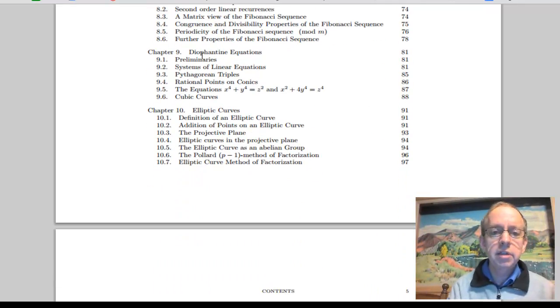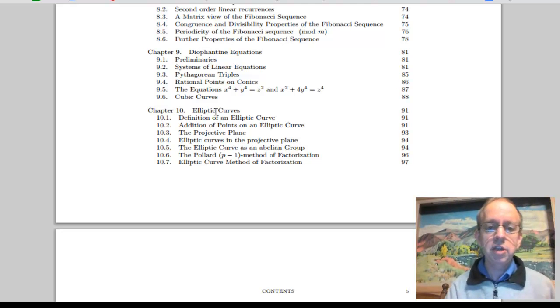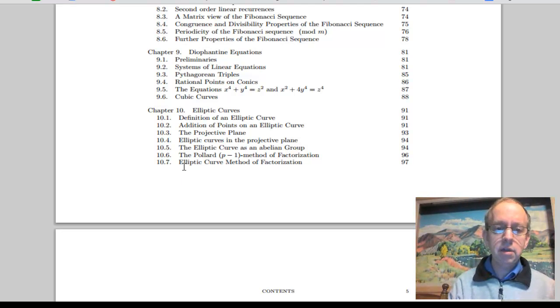Chapter 9, getting into Diophantine equations, Pythagorean triples, points on conic sections, studying cubic curves, and then an introduction to elliptic curves in Chapter 10, including the elliptic curve method of factorization. So that's a typical one-semester course.